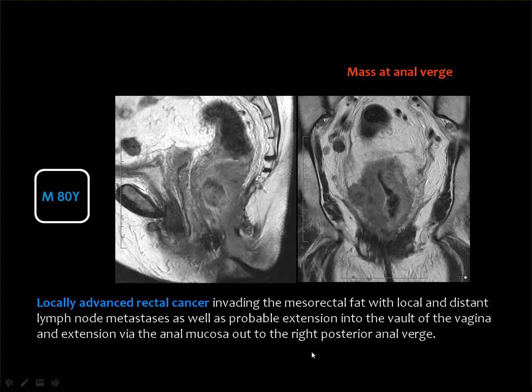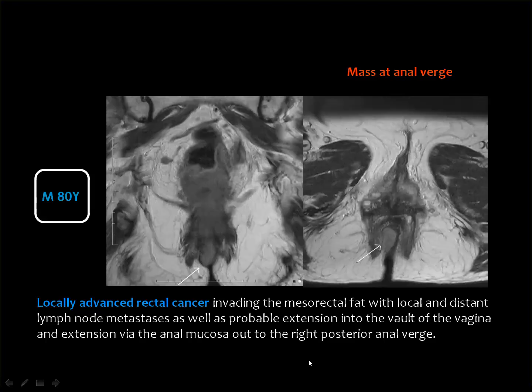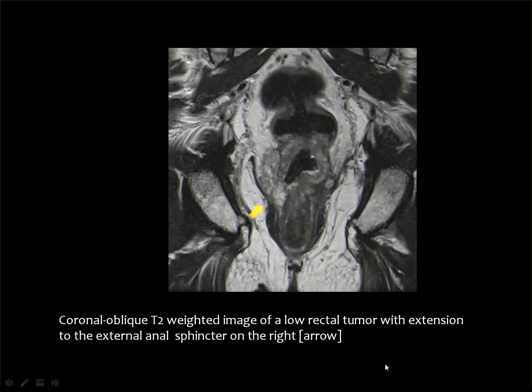cancer. Also, you may get advanced rectal carcinoma that extends into the anal canal, and this is seen in clinical practice, and I have mentioned it in the lecture of rectal cancer, and you can see the extent of the rectal cancer into the anal canal.